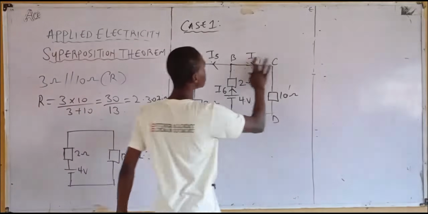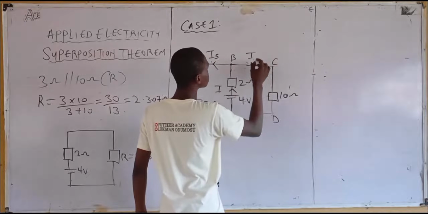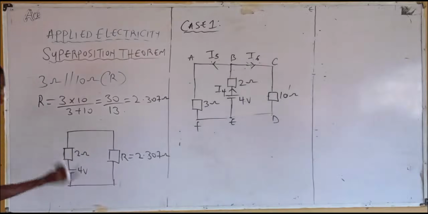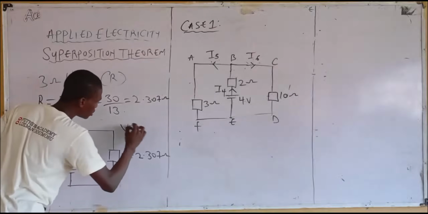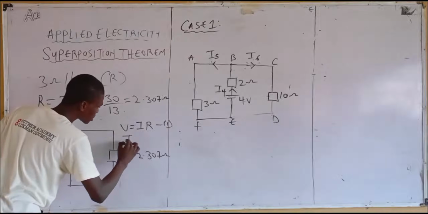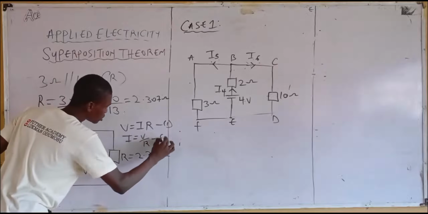Okay, from here, let me change what we have. This was I6 now, and this was I4. From Ohm's law, as usual, V equals IR. Call this equation 1. Then it becomes I equals V over R. Call this equation 2.